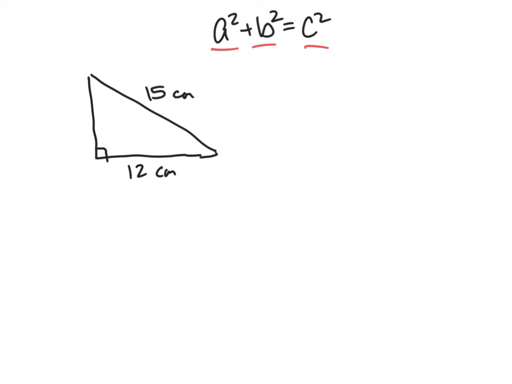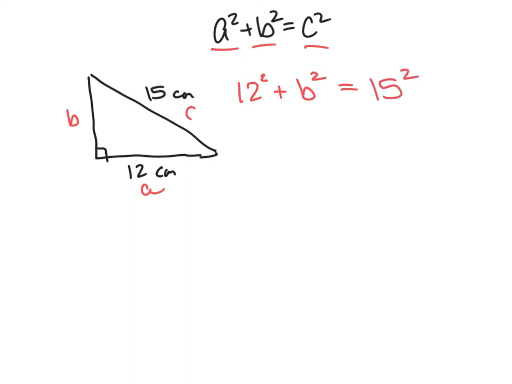Okay, if I know two of them, I can solve for the third. So let's call this one A and this one B, and we know this one is C. And let's fill in the information from the Pythagorean theorem. A squared, that's 12 to the second power, plus B squared, I don't know, that's the one I don't know, equals C squared.